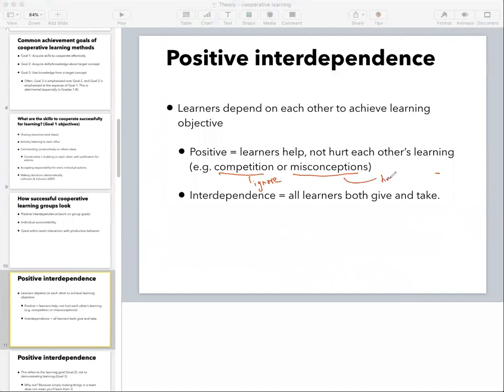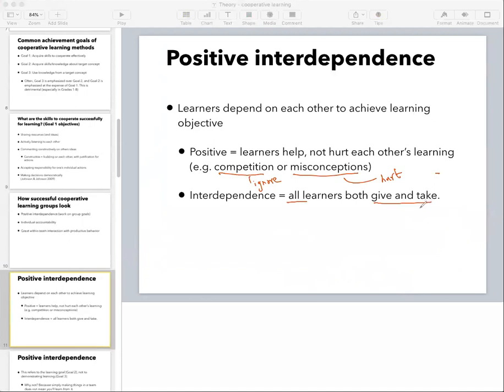Misconceptions would be hurting each other's learning. So if learners are spreading misconceptions, or if they're ignoring each other's learning, you don't have the positive part of this interaction. The interdependence part is that all learners are both receiving and giving, right? So all learners both give and take.